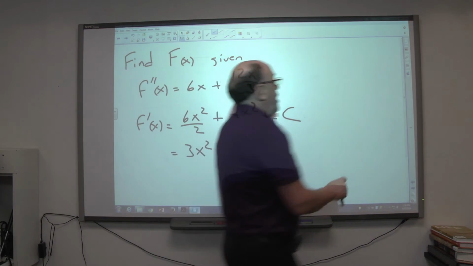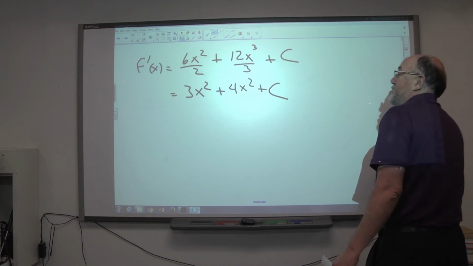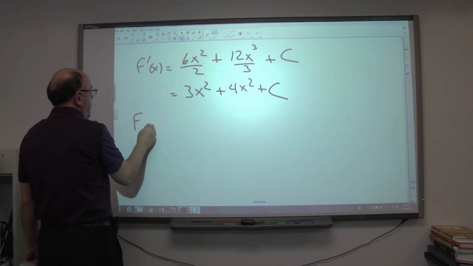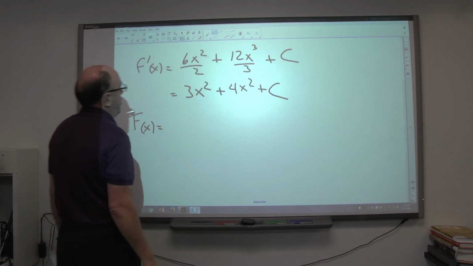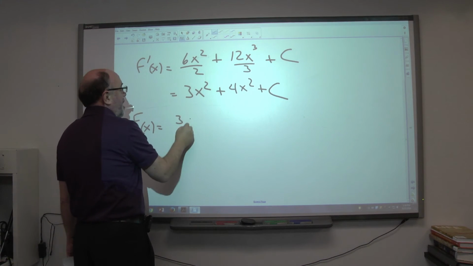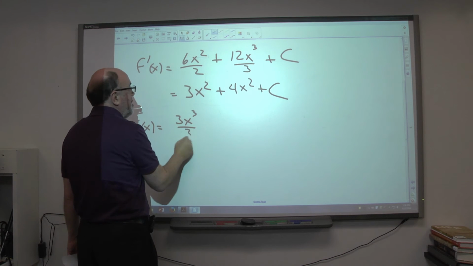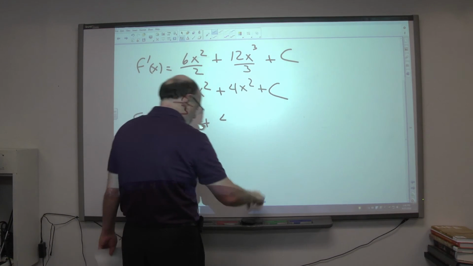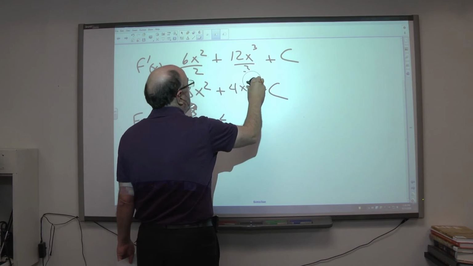And now I want to do this again because I want to get the original. And so I do this one more time. And so now we get 3x cubed over 3. Actually, sorry, this should be a 3 here, not a 2.